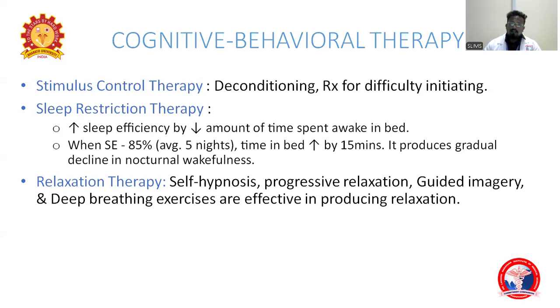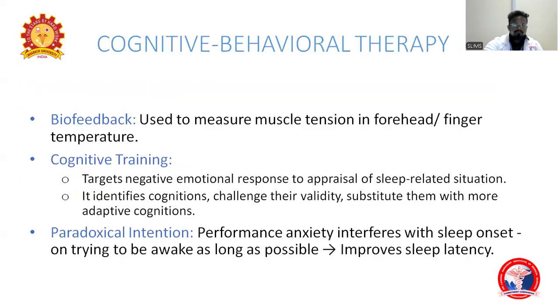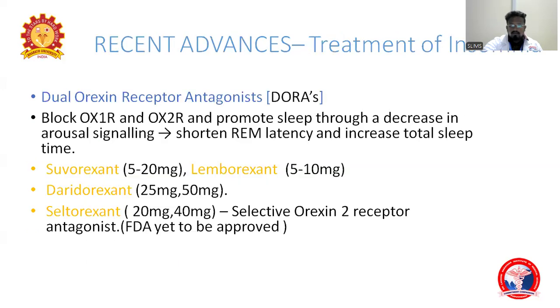Relaxation therapies like self-hypnosis, progressive relaxation like JPMR exercises, guided imagery, and deep breathing exercises are effective in producing relaxation, which in turn treats insomnia. Biofeedback is used to measure muscle tension in the forehead and finger temperatures. Cognitive training can also improve insomnia, and paradoxical intention can also be tried.